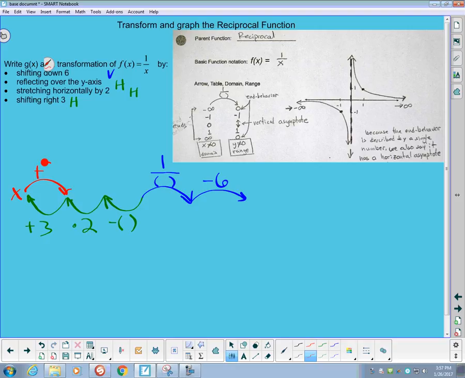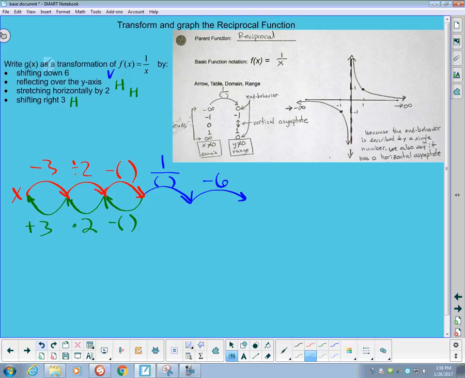Opposite there is not adding 3, it is subtracting 3. Opposite of that, or the inverse of multiplying by 2 is dividing by 2. The inverse of a sign change is a sign change. We flip over and subtract 6. So that is our complete set of arrows.